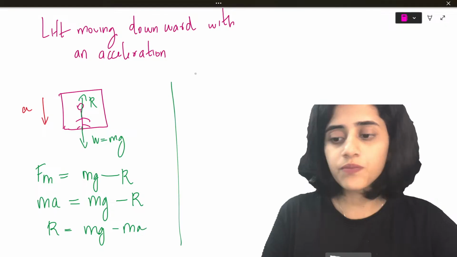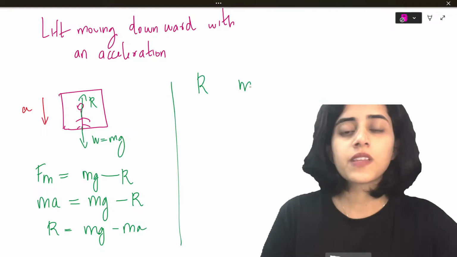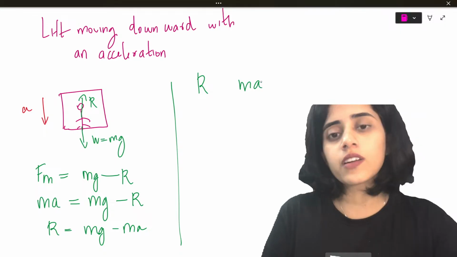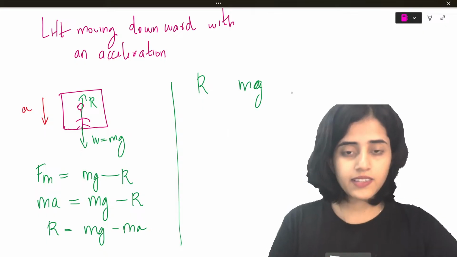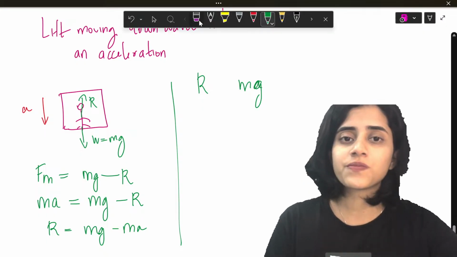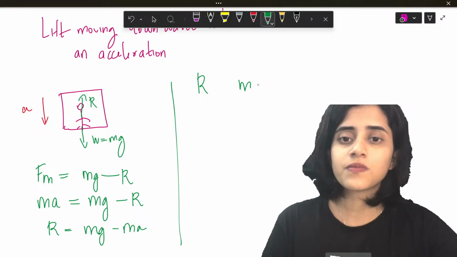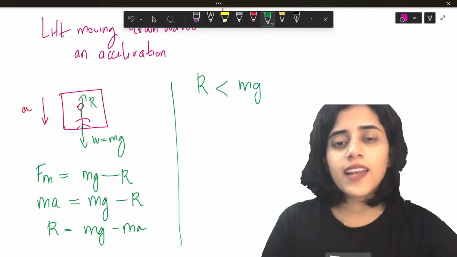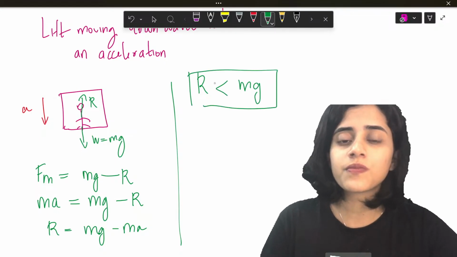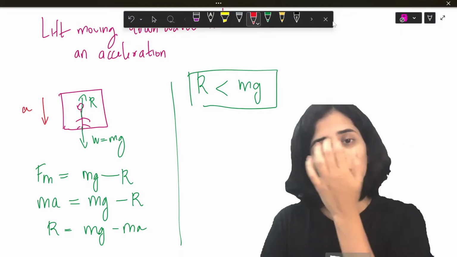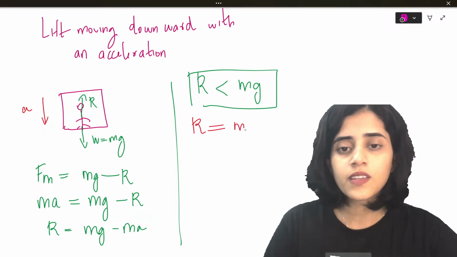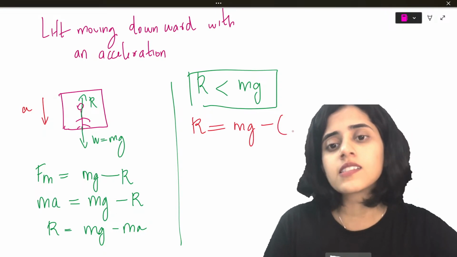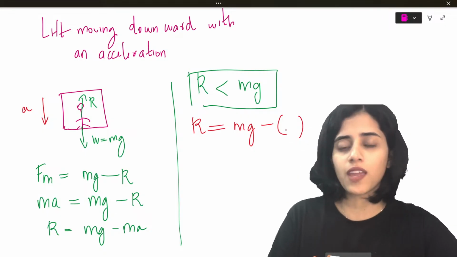Now you tell me, would R be greater than or less than mg? It will be less than mg. Why? Put numbers and see. Whatever value R has, it will always be mg minus some ma.